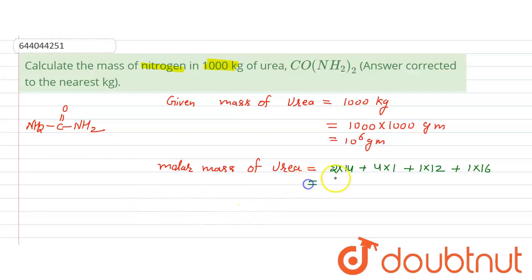So it is equal to 60 gram. Molar mass of urea is 60 gram.